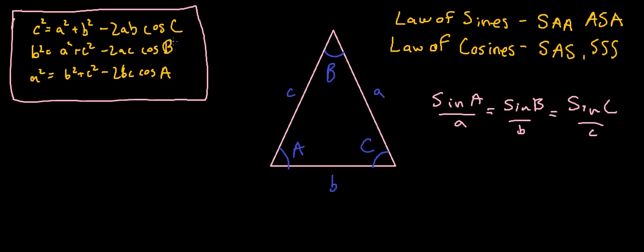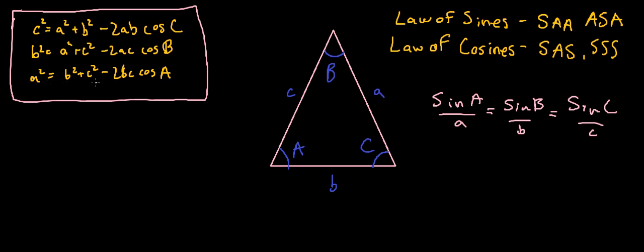So I look at these formulas, and each of these formulas will solve for one of the angles. This one has angle C in it, this one has angle B in it, this one has angle A in it. And for each of these formulas, the rest of these unknowns or variables are the sides. So what I would do is I would pick any one of these formulas.